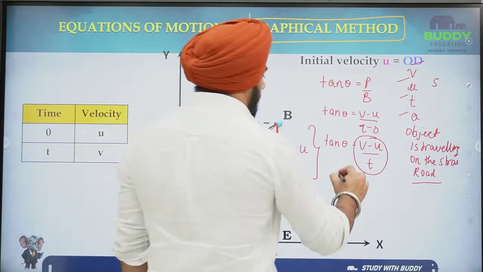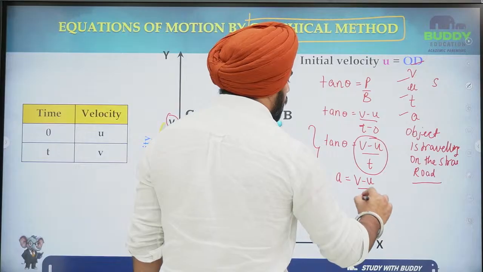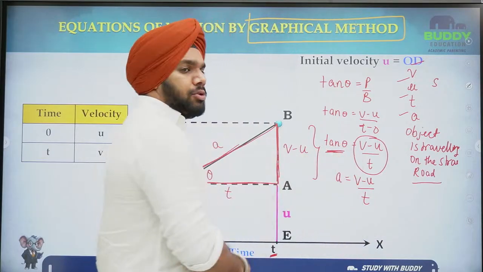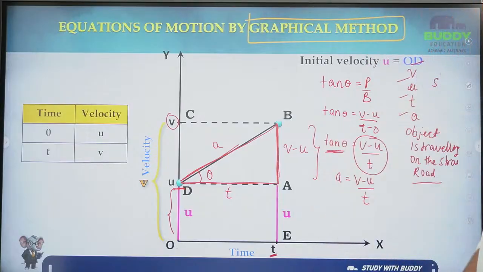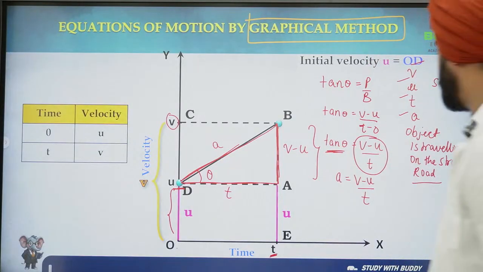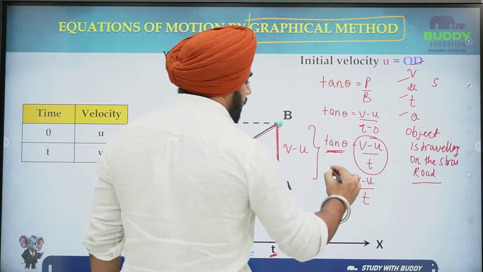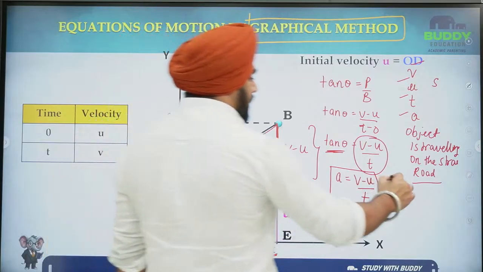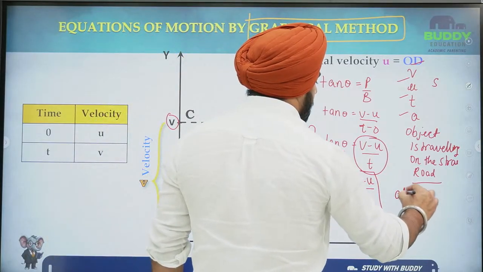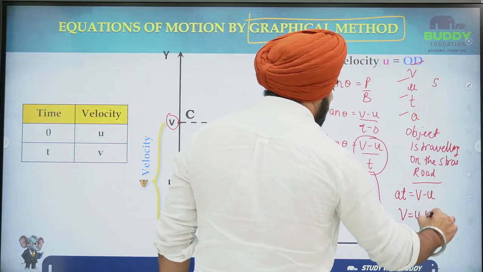So here acceleration comes out to be v minus u by t, because this is the slope, right? And the slope of a velocity time graph will give you what? Acceleration. So now from this we got a is equal to v minus u by t. Bring t here with a, so this becomes at is equal to v minus u, or v is equal to u plus at.